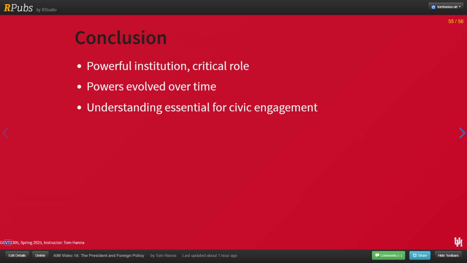Understanding the role of the president, the powers of the president, and the limits is really important for understanding the presidency, and for understanding engagement with the United States and even engagement with individual American citizens.